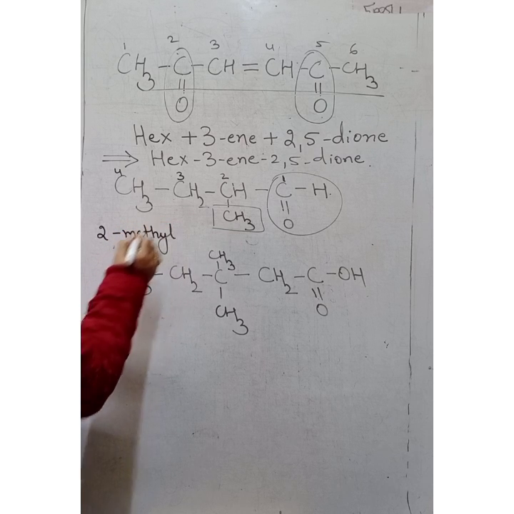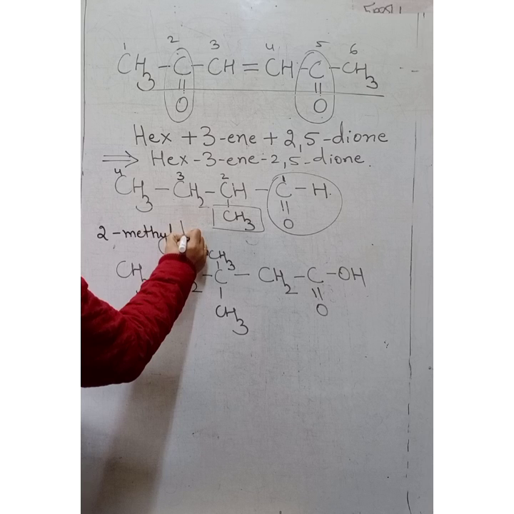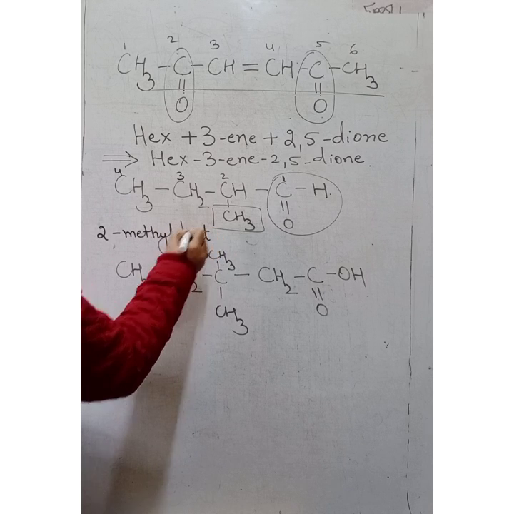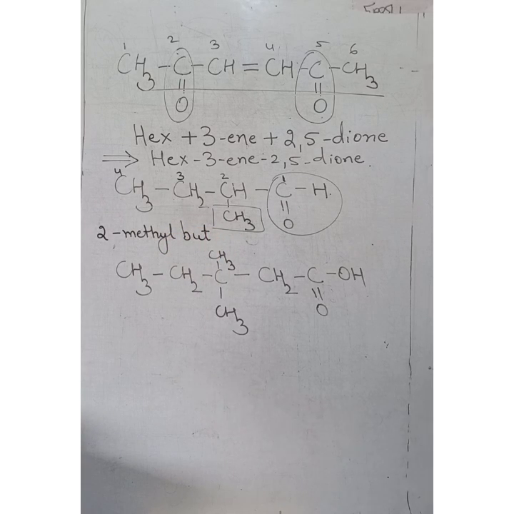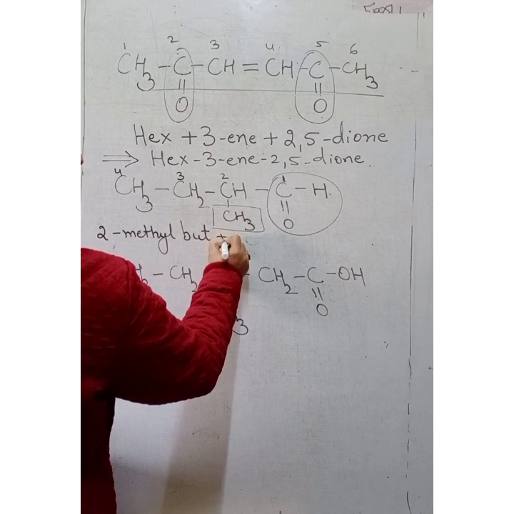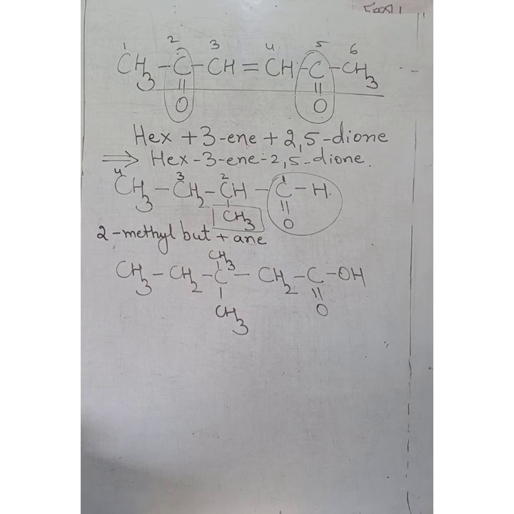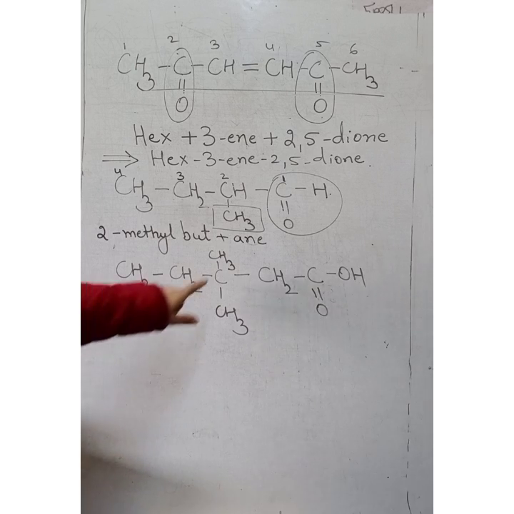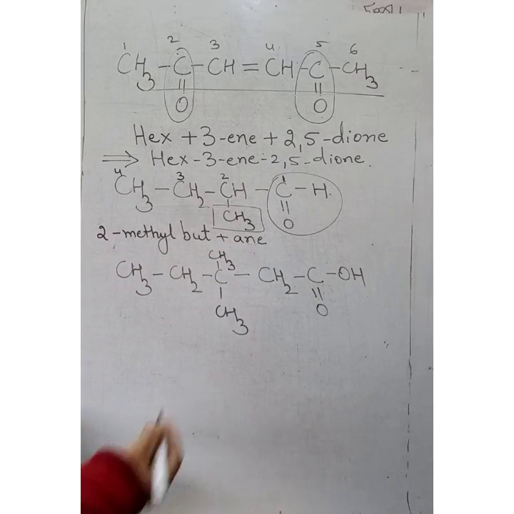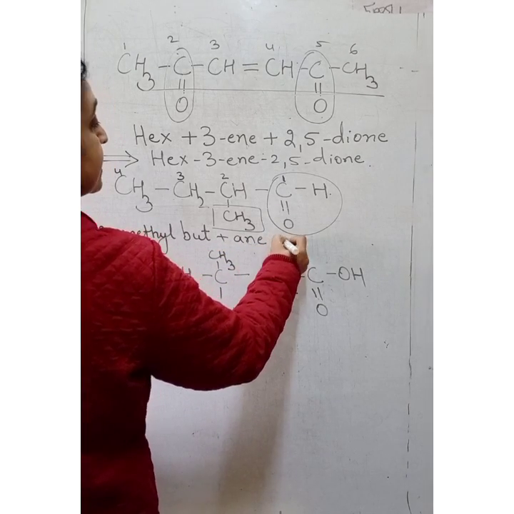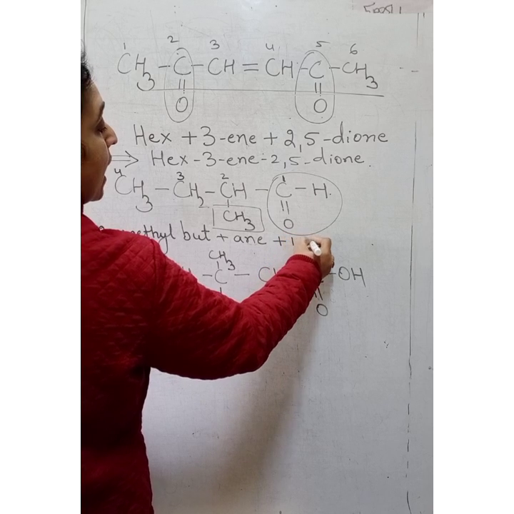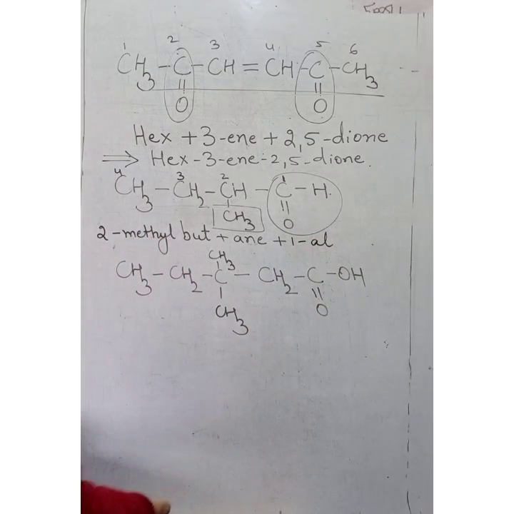Methyl. Now your word root: but, plus ane. Single bond is your linkage present between carbon atoms. So your primary suffix is ane, plus secondary suffix 1-al, which is the secondary suffix used for aldehyde.